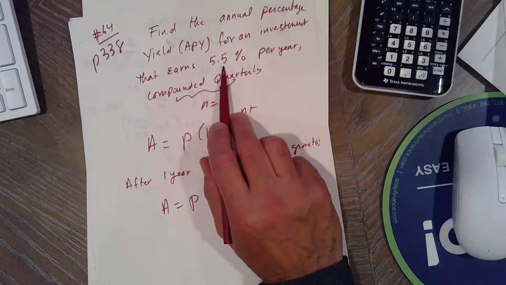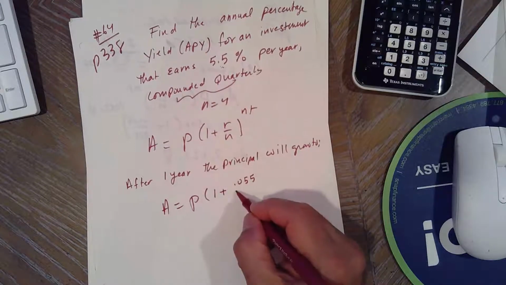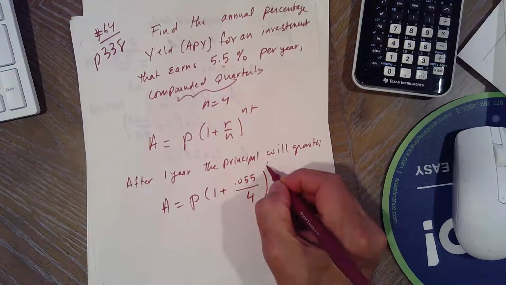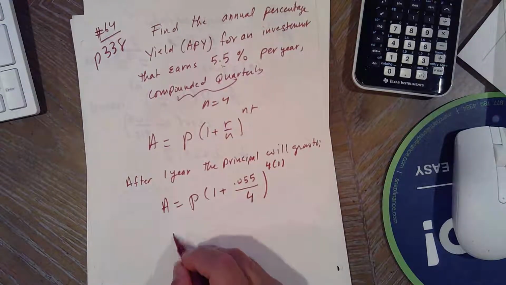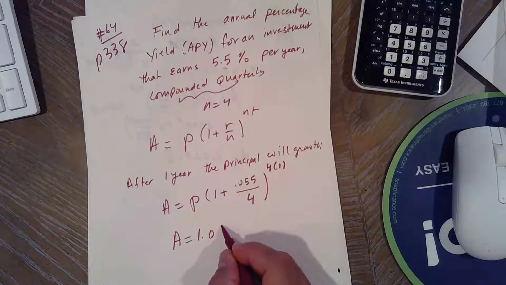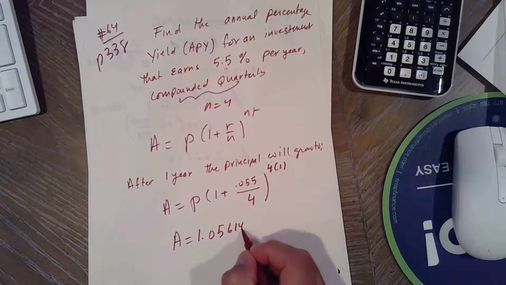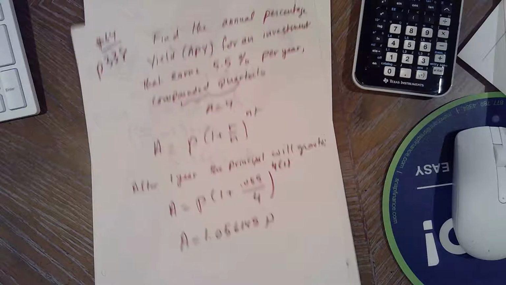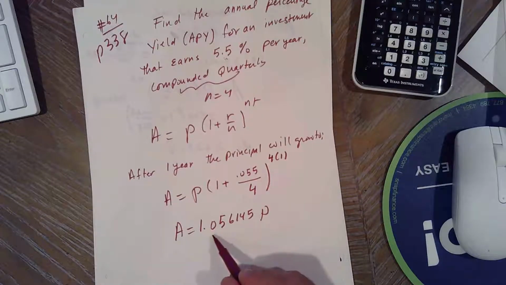Because you divide it by 100, or you move the decimal 2 places to the left. After 1 year, so 4 times a year, and the exponent is 4 times 1. So it would be 1.056145P. And that's going to give you your percentage yield right there.